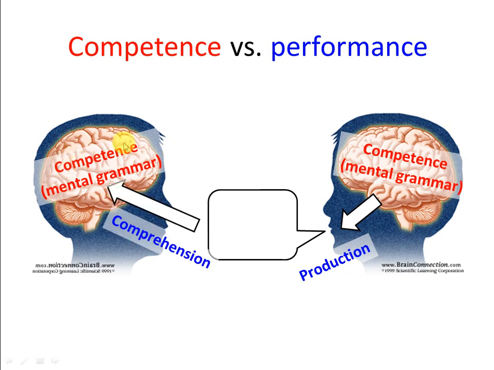And we use our mental grammar to comprehend language, and this comprehension is also performance. So Chomsky distinguished our mental grammar and the use of that grammar, which is production and comprehension. Okay.